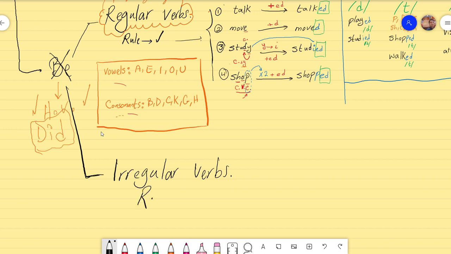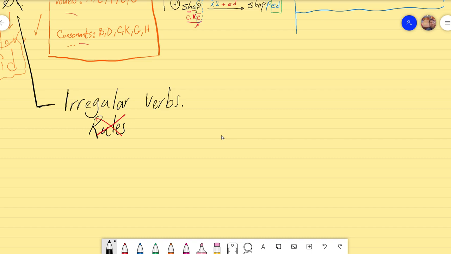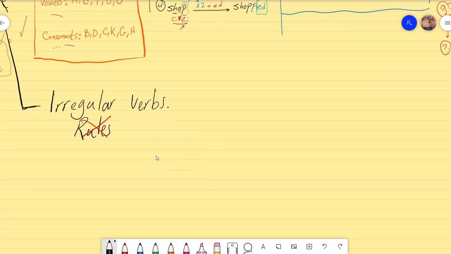It means there are no rules. No rules about irregular verbs. It means that when you want to make a past form of these verbs, there are no rules. You have to remember them.